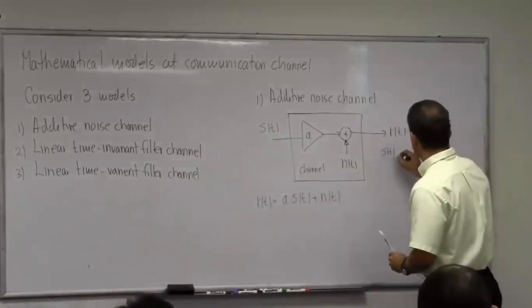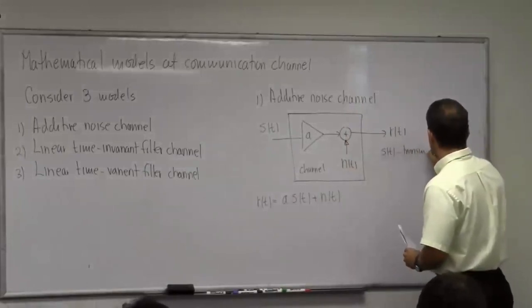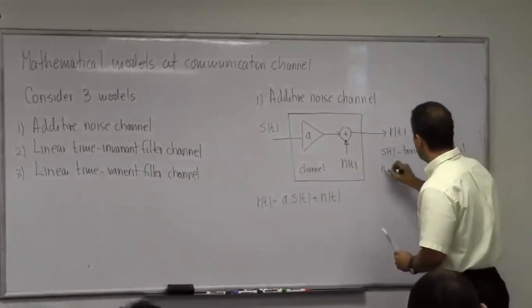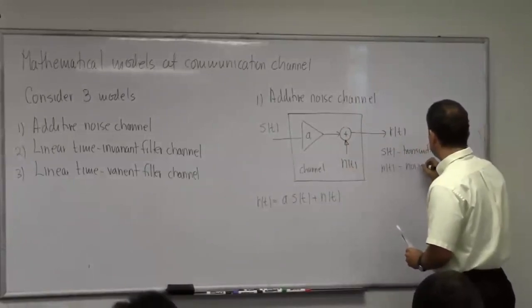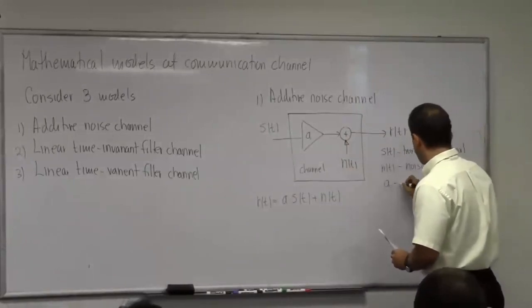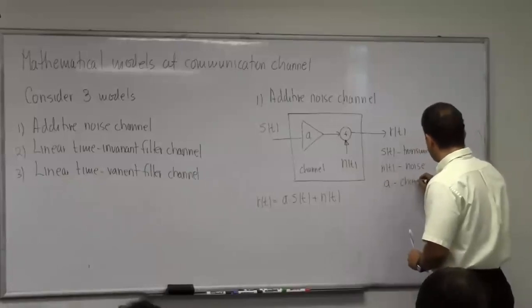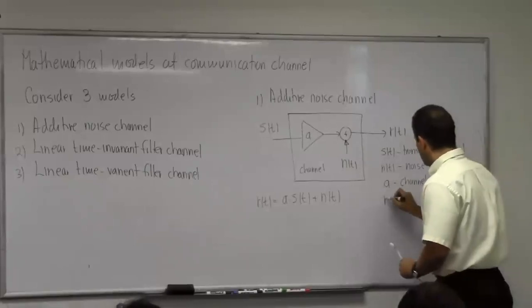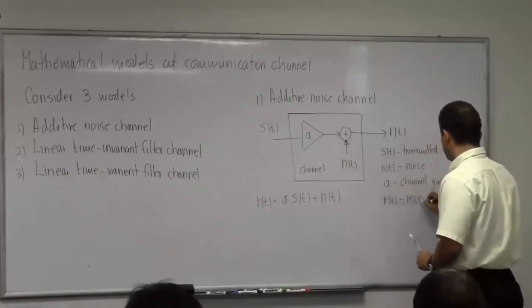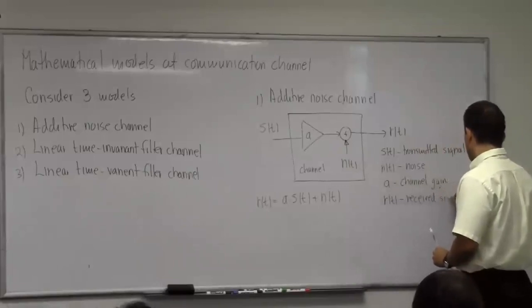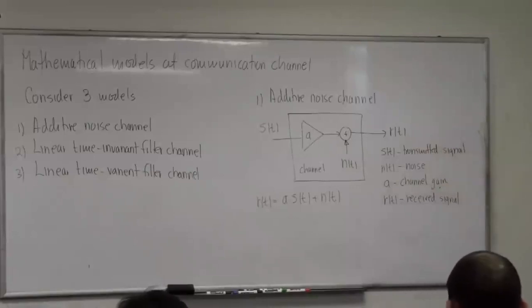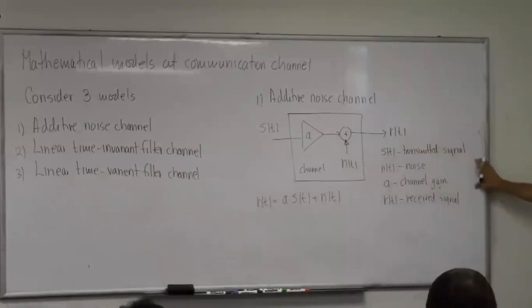Here s(t) is the transmitted signal, n(t) is going to be noise, A is going to be the channel gain, and r(t) is the received signal. I purposely spell them out here because I'm going to be using the same notation for other channels, but I'm not going to define them again. Same definitions throughout.